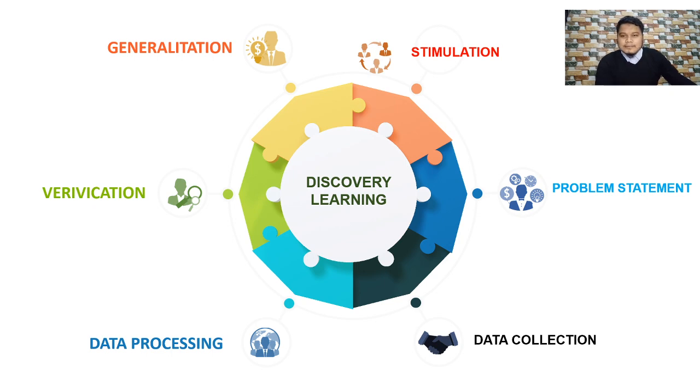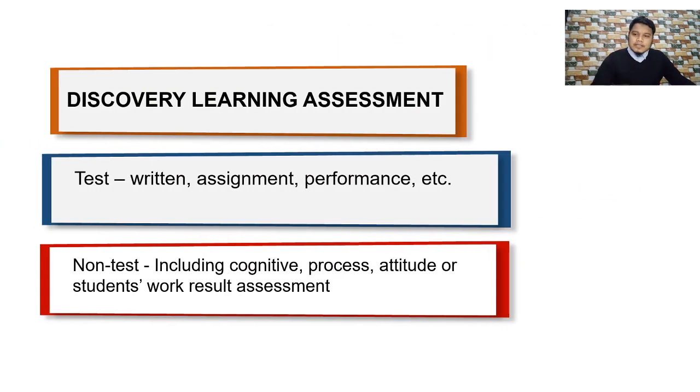So ladies and gentlemen, the next part of this method, after the steps, is discovery learning assessment. When we want to know the parameter of our learning, the achievement of our students, we have to have this kind of assessment, because it is used to measure our learning.